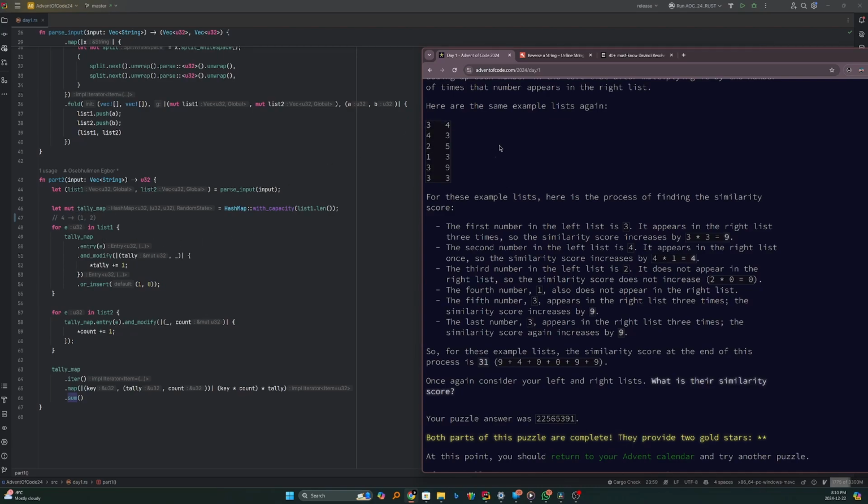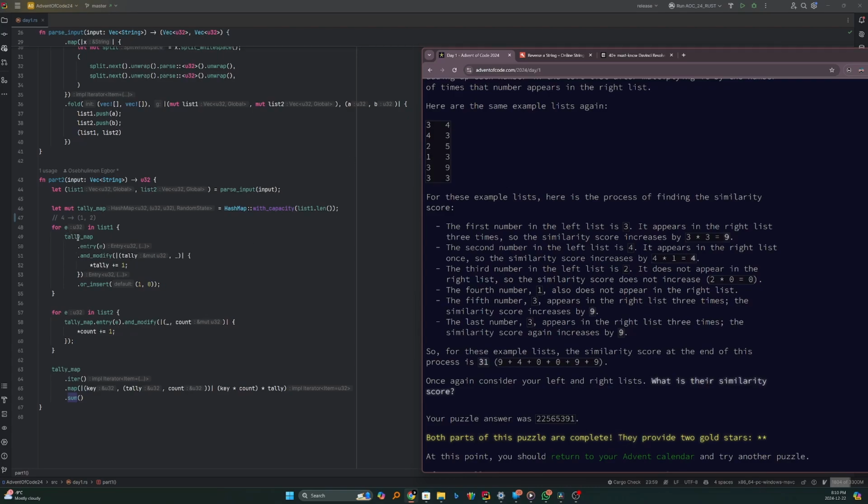And if, for example, 4 mapped to 2 here, this 2 is the amount of times it occurred in the second list. And 3 will be mapped to 3 and 3, because it was 3 times in both lists.